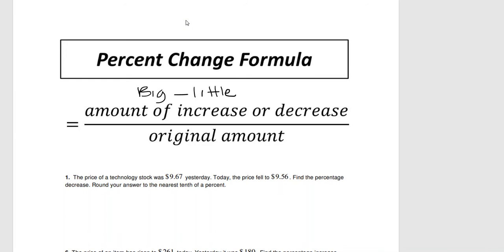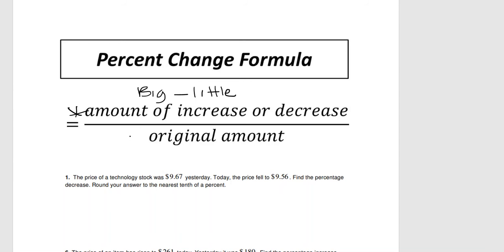In order to do this ALEKS assignment, you are going to need to know the percent of change formula. Remember, this is something that we have talked about in class. To find the percent of change, on the top of your fraction, you are going to have the amount of increase or decrease. That's your amount of change.